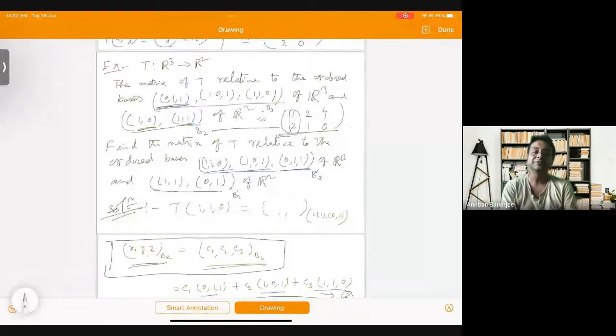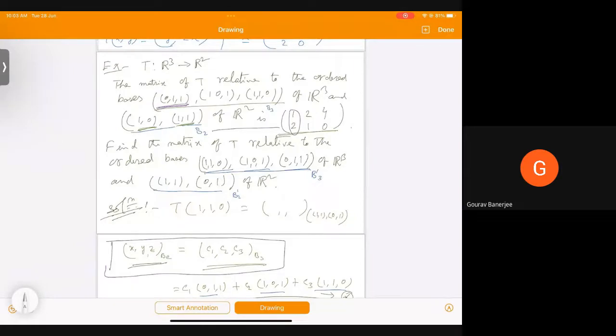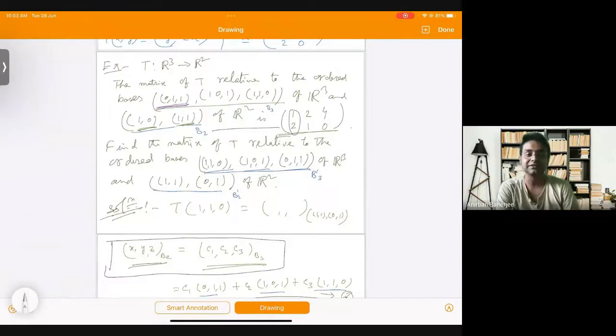With one matrix multiplication, you will be able to take the vector in one basis, and the matrix will give you the vector in the desired basis.